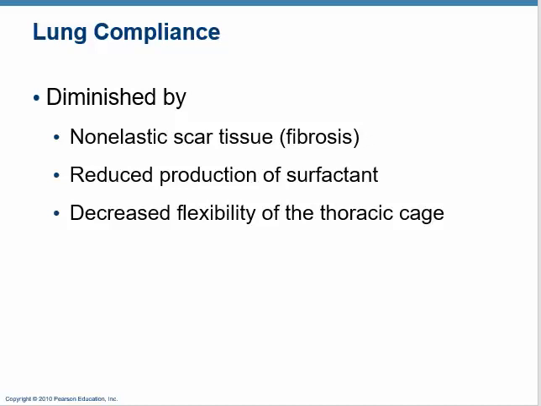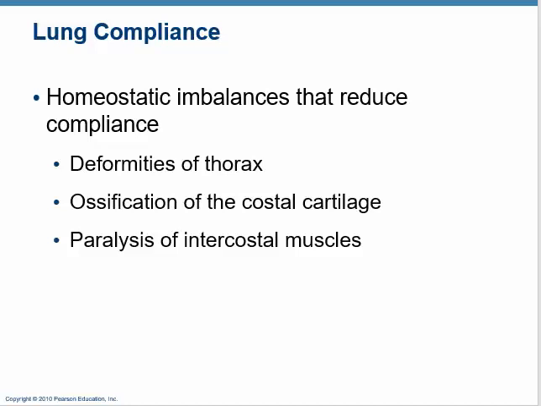Scoliosis, so structural changes, will mean that it's harder to inflate the lungs. You can't lift the ribs, and that will decrease lung compliance and make it more difficult to ventilate. So any of these deformities.